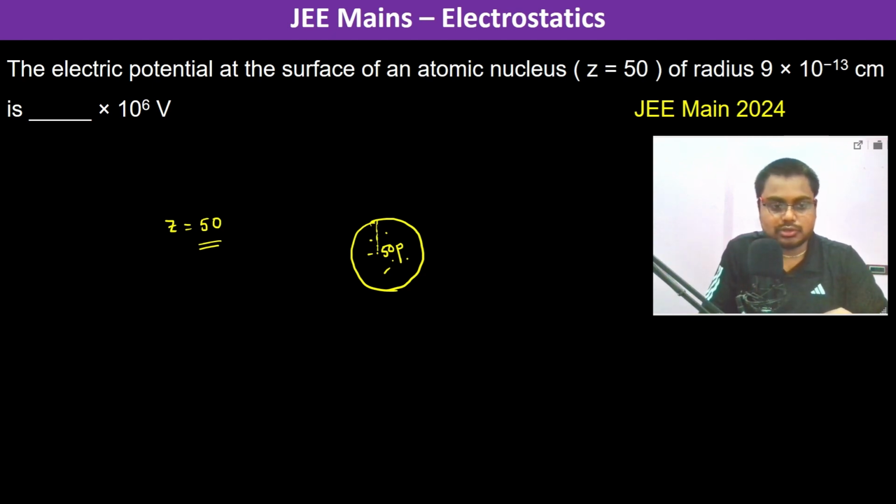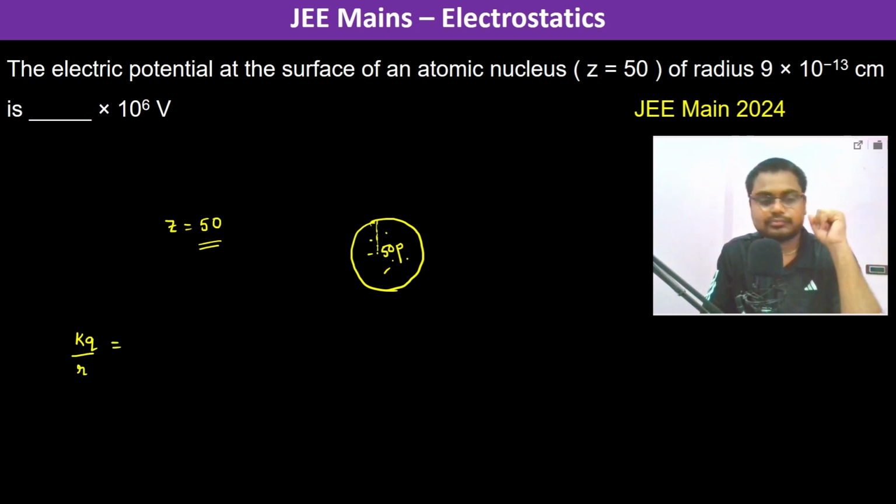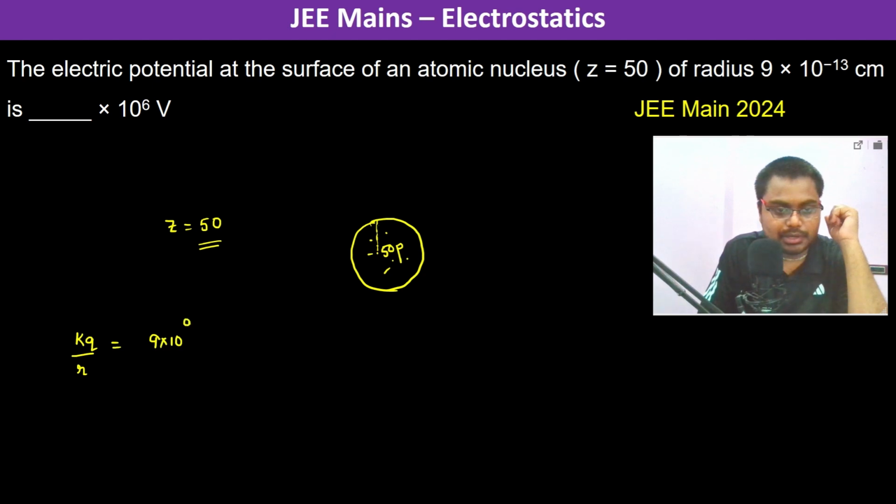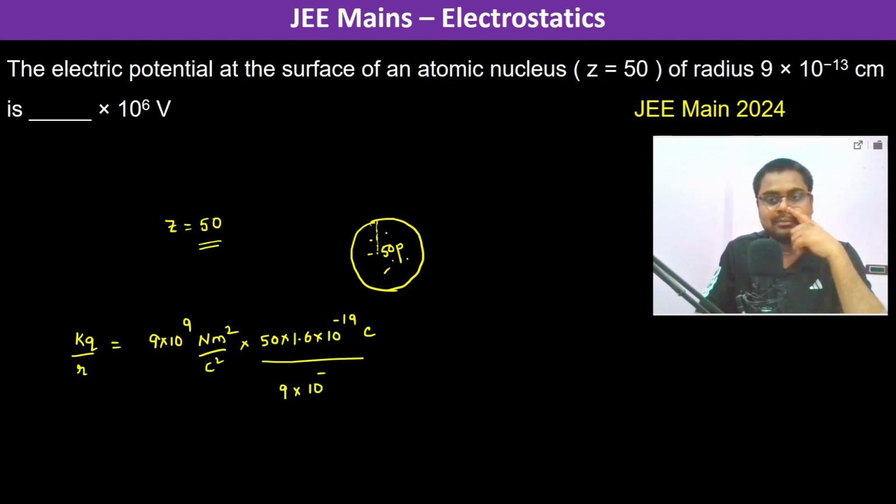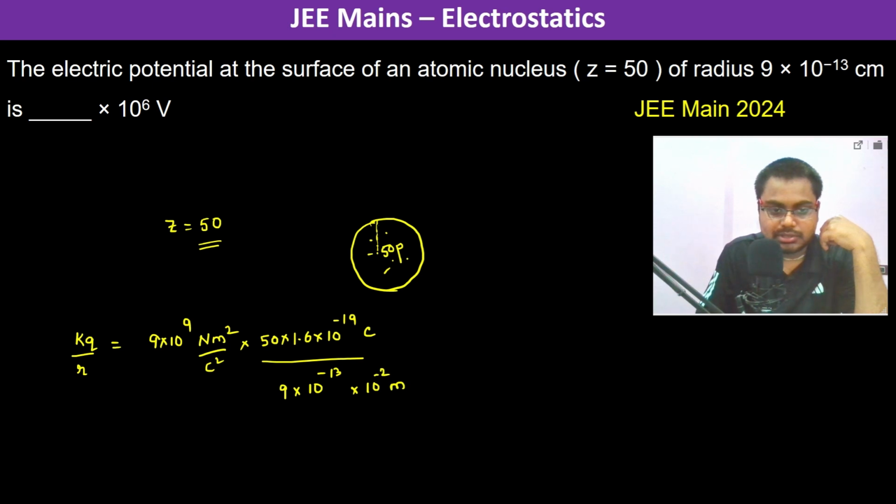So the potential is going to be kq divided by r, which is equal to 9 into 10 to the power 9 Newton meter square per Coulomb square into q, because there are 50 protons, so 50 into 1.6 into 10 to the power minus 19 Coulomb, divided by r, which is 9 into 10 to the power minus 13 centimeter. We are writing in meters, so it is 10 to the power minus 15 meters.